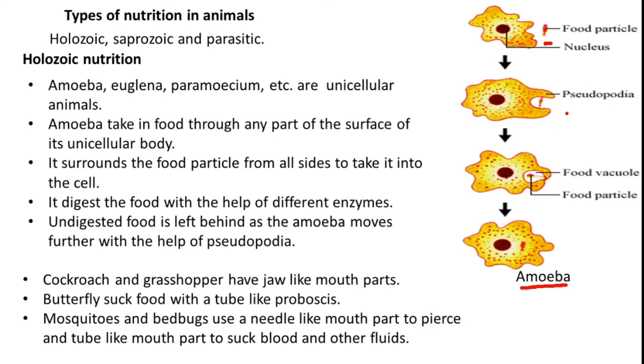It digests the food with the help of different enzymes. Undigested food is left behind as the amoeba moves further with the help of pseudopodia. So these are pseudopodia. They are the locomotory organs of amoeba.